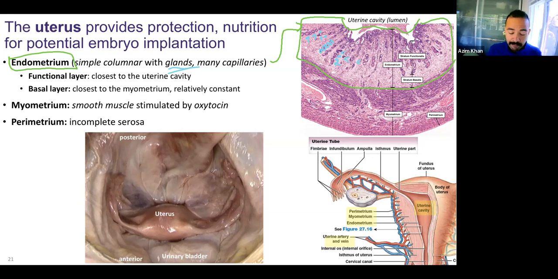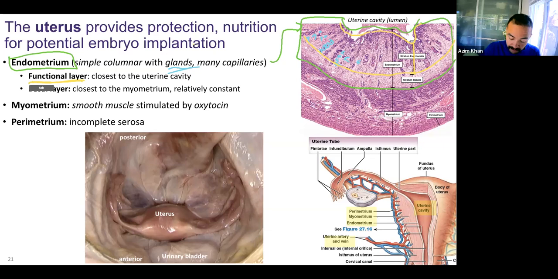There's many capillaries here. The part that changes throughout the menstrual cycle is called the functional layer. I'm going to highlight it here in yellow. You can see that this functional layer has all of those glands. The amount of glands changes during the menstrual cycle.